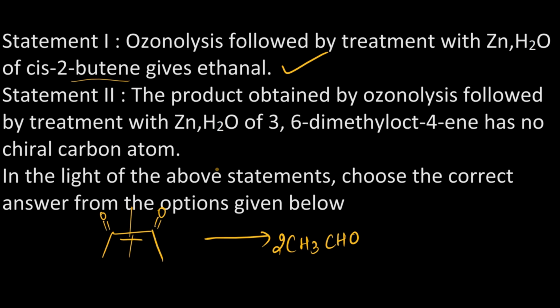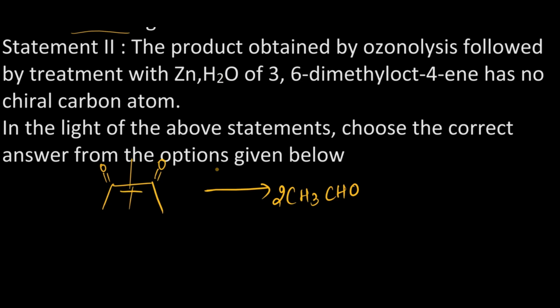And the product obtained by ozonolysis followed by treatment with zinc and H2O. See, I gave a trick: break the double bond, put double bond O. It only works for zinc and H2O, reductive ozonolysis. Take 3,6-dimethyloct-4-ene: 1, 2, 3, 4, 5, 6, 7, 8, with methyl groups at 3 and 6, and the double bond at position 4.